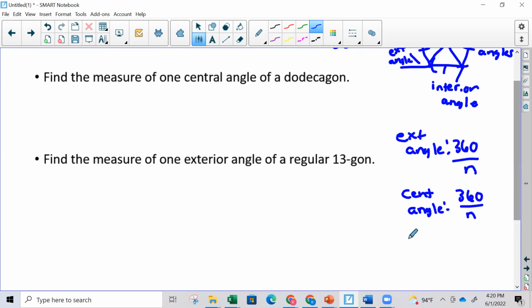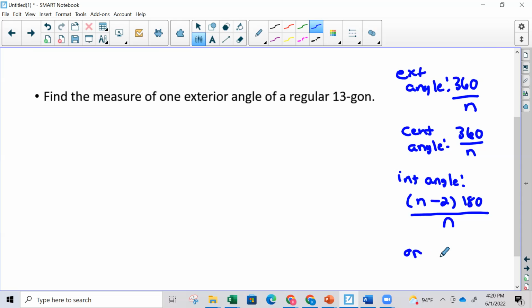And then for the interior angle, you have 2 options. You can do the longer formula, which is the number of sides minus 2 times 180, and then you divide that whole thing by the number of sides. Or the easier way is that the interior angle is equal to 180 minus the exterior angle, or the central, because they're equal.